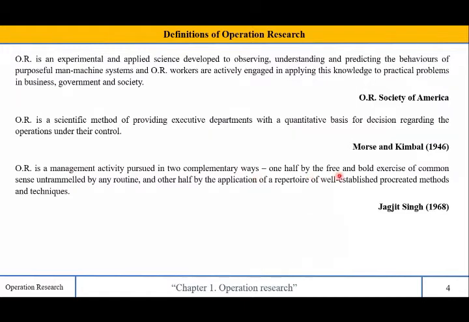One half by the free and bold exercise of common sense untrammeled by any routine, and the other half by the application of a repertoire of well established pre-created methods and techniques. That means it is divided into two parts. The first includes the free and bold exercise of common sense, untrammeled by any routine. It is very common sense, there is no routine in between.